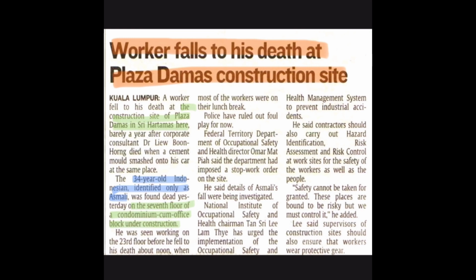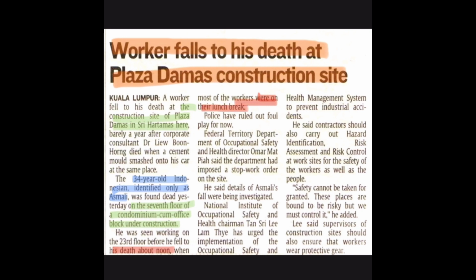Now for when. The news didn't mention the date the accident happened. Usually in the news you can get the date and the sources. So here the information just states yesterday. For when, the news stated his death was about noon, when workers were on their lunch break.